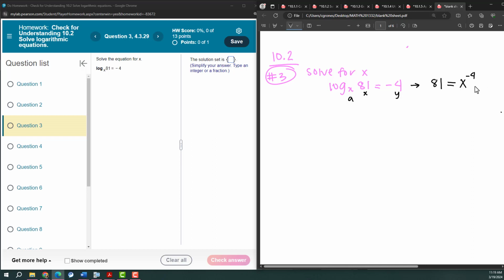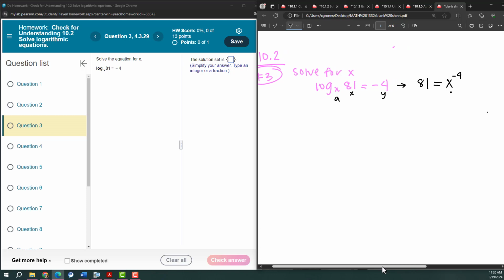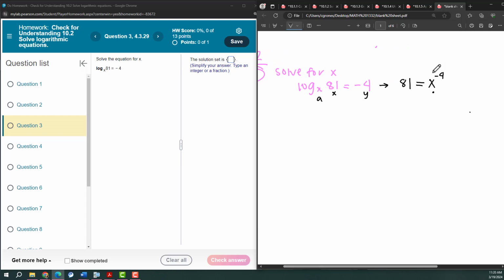And now we want to solve for x. So in order to get x by itself, we need to get rid of that exponent. One way that we can get rid of that is by multiplying it by its reciprocal. And I did a negative so we can cancel out our negative.